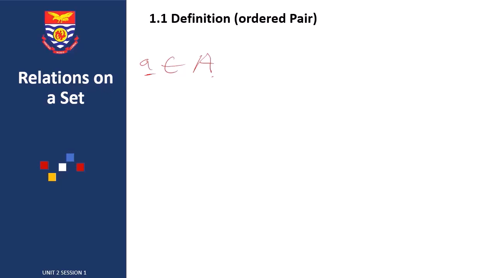So let's look at the definition of ordered pairs. Let X and Y be two sets. As usual, sets are denoted by capital letters.